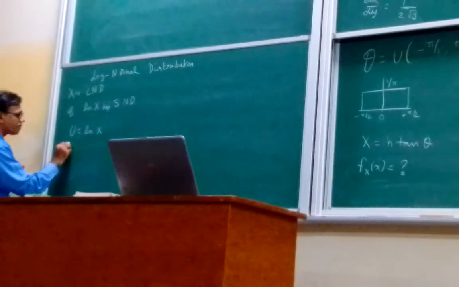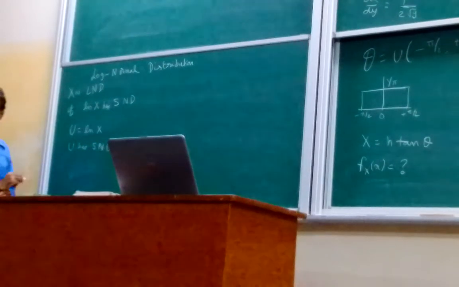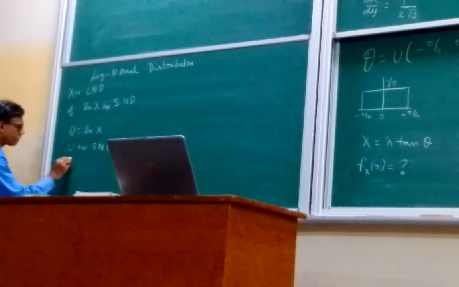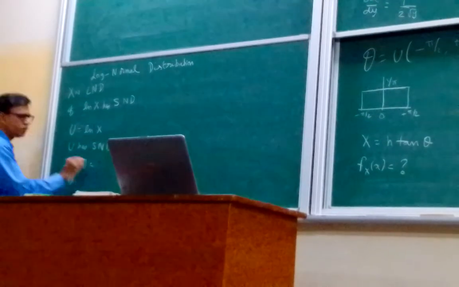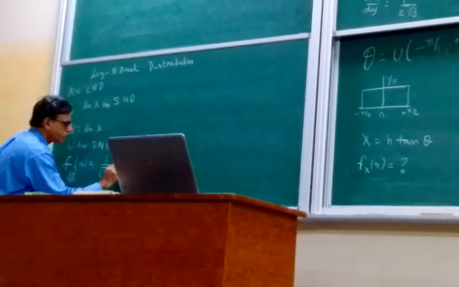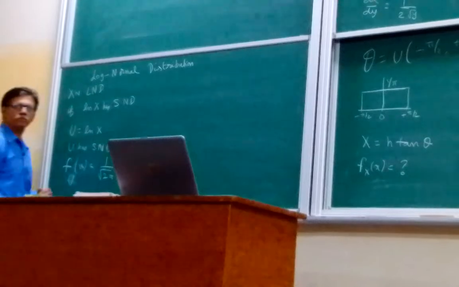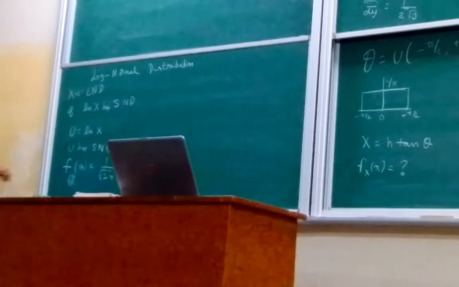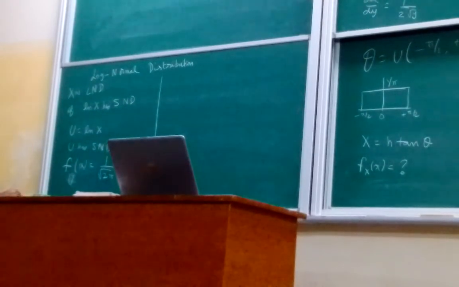We know u has a standard normal distribution. What does that mean? f_U of u is equal to 1 over root of 2 pi e power of minus u squared by 2. Right?